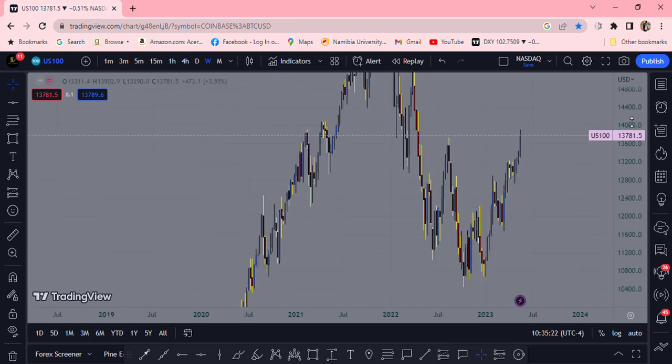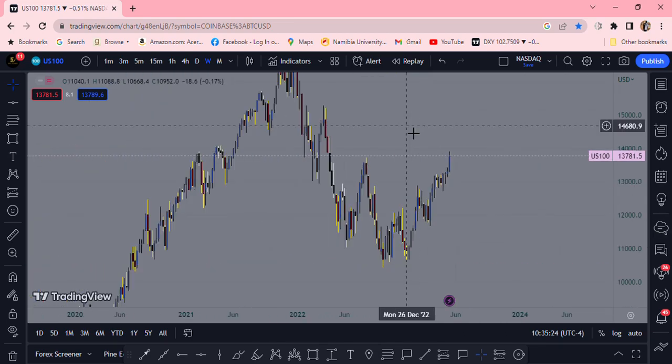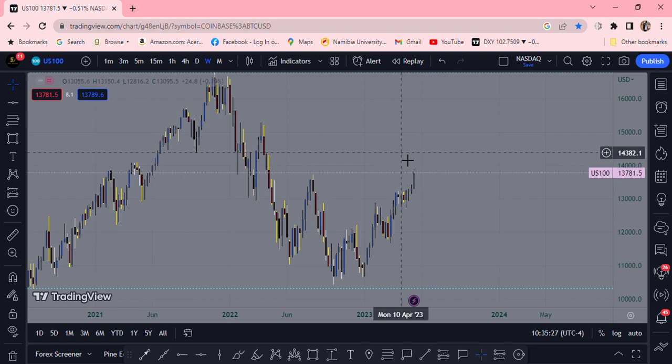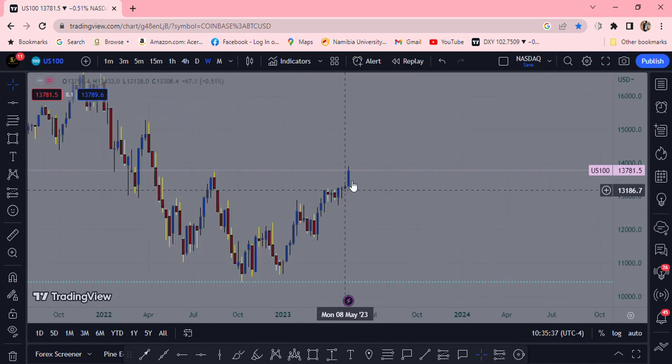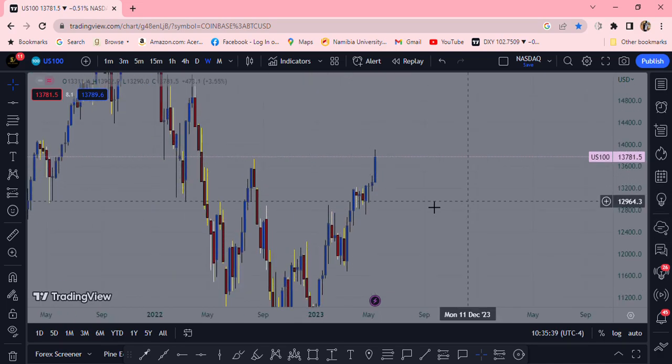So one thing about the ICT Silver Bullet is on Sunday at 6 o'clock PM when the market opens, you must identify the candle where the market's likely to go. You must determine the price.